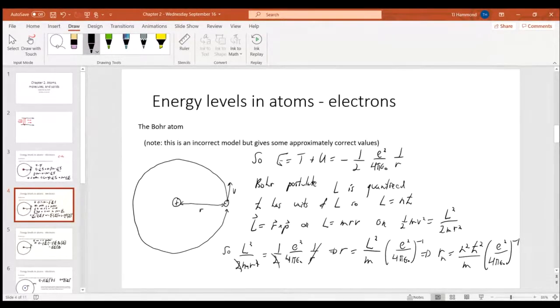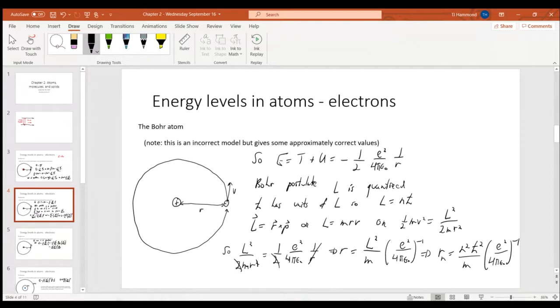So what that gives us for r is that it's L squared over m, and then the inverse of e squared over 4 pi epsilon naught. And so that means that r is equal to n squared h bar squared over m times the inverse of e squared over 4 pi epsilon naught. So e squared over 4 pi epsilon naught is just some constants, h bar squared is just some constant, and m is the mass of the electron.